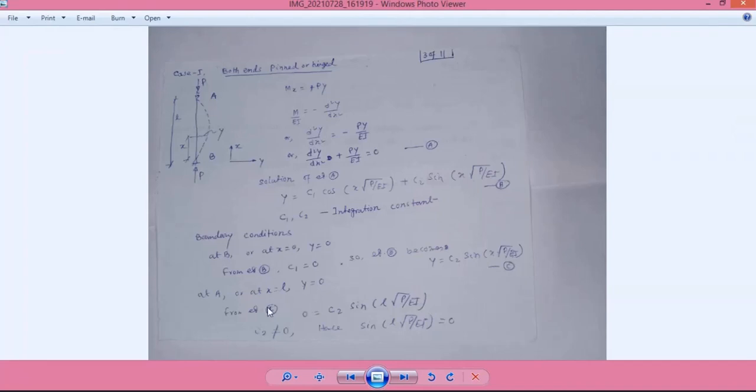Now from equation C, if we put the second boundary condition, y becomes 0, c2 sin L root under P divided by EI. C2 should never be equal to 0. Then sin L root under P divided by EI is equal to 0.